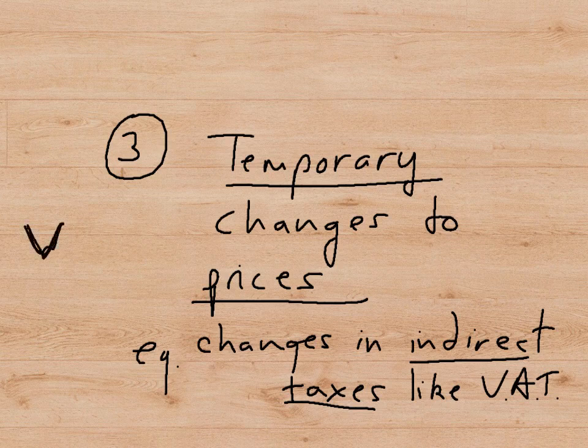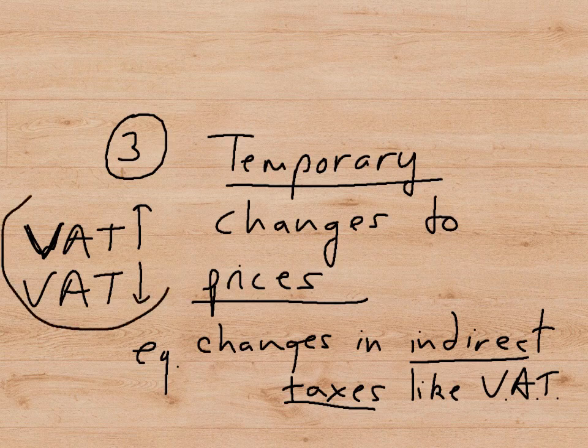So when VAT goes up, goods become more expensive, but VAT may indeed be reduced and goods will become cheaper again. So it's little changes like this that happen. They don't happen very often, but sometimes they are changed, and they do not really reflect a permanent change in the price of goods.